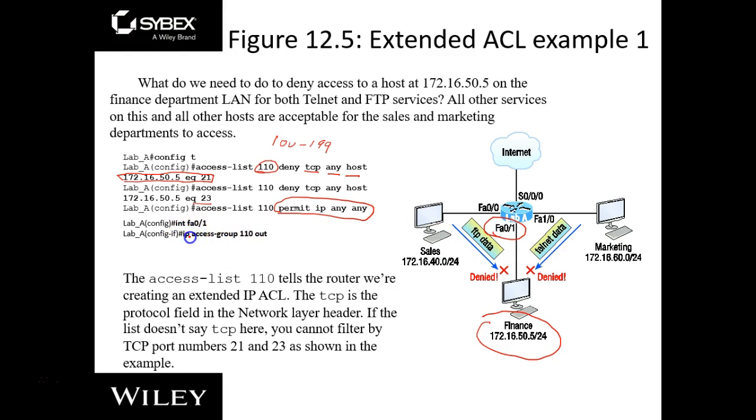This one, they're applying out. And the reason they do this there is because it's not coming from a single location. It's coming from multiple locations. So the first place that you can actually apply that and get both marketing and sales is going to be on the FastEthernet 0/1.